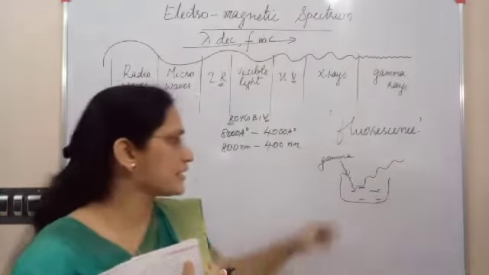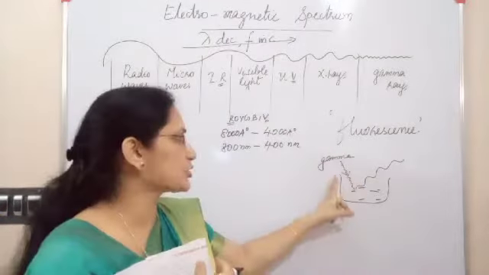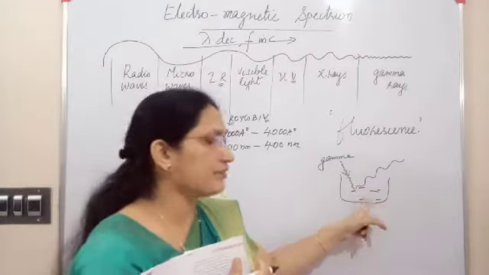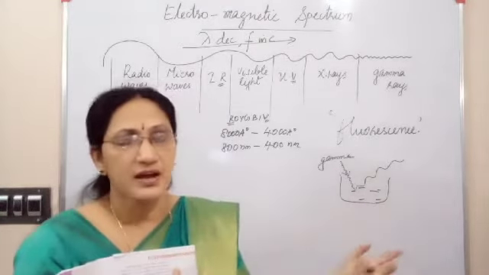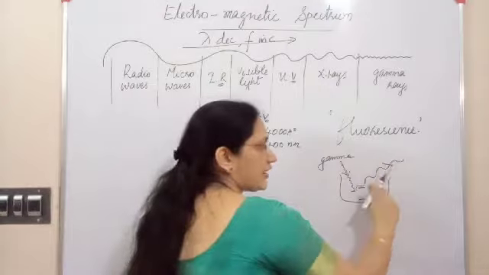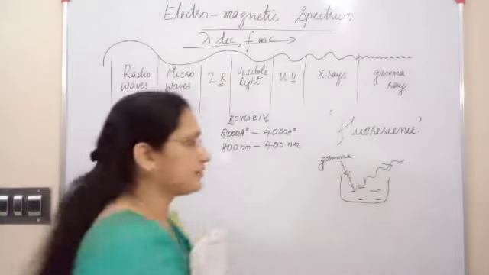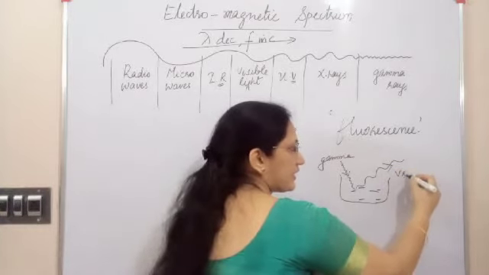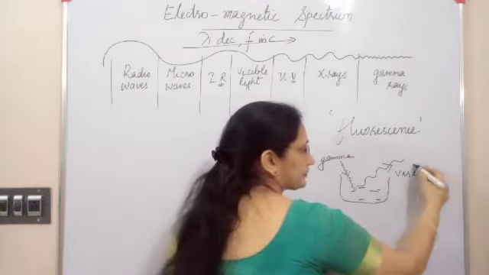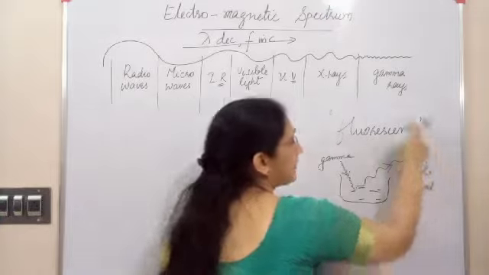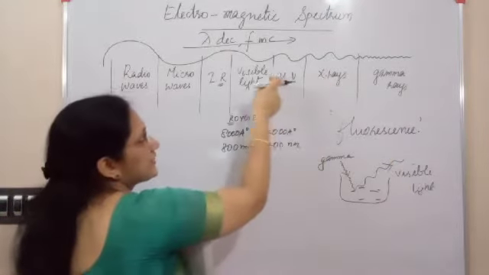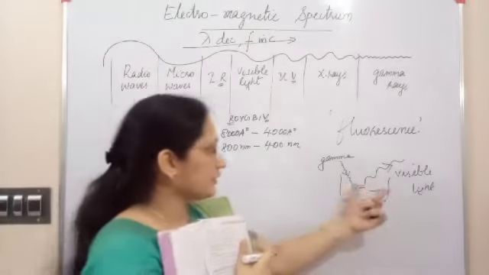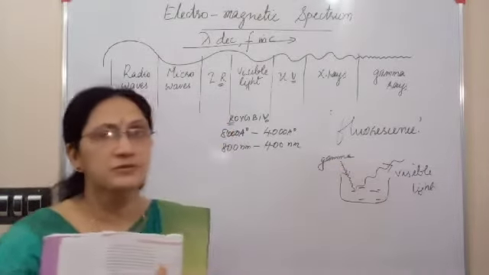This means the waves falling on the chemical are of short wavelength like gamma radiations, and the chemical alters the wavelength and resends it increased. And this increased wavelength makes visible light. When gamma radiation's wavelength increases, it becomes visible light. This phenomenon is known as fluorescence.